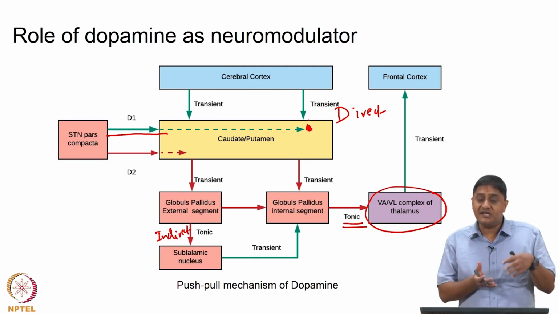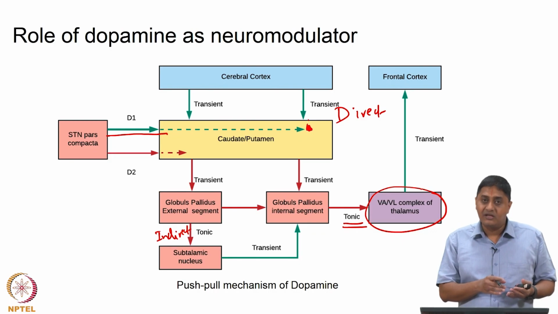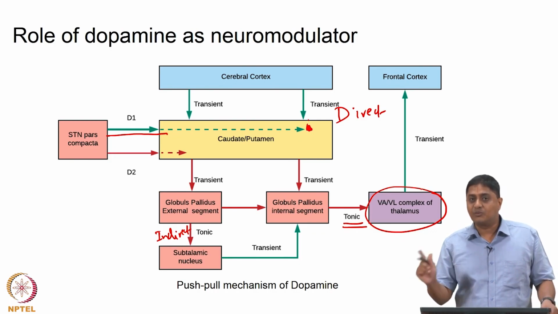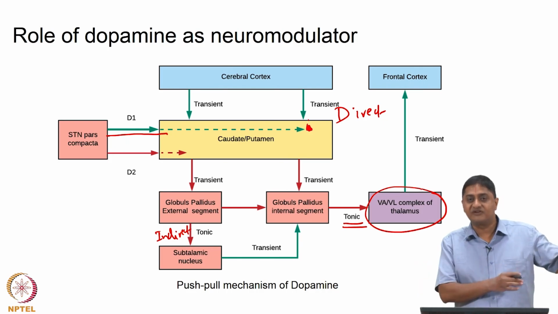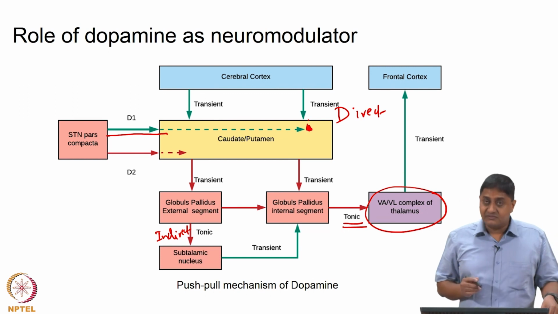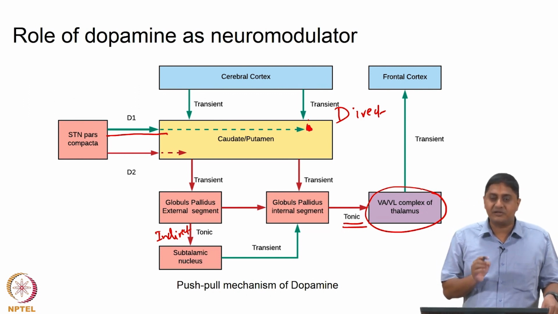So, whenever dopamine is secreted, regardless of whether it is received by the direct pathway or by the indirect pathway, it always has a net excitatory influence on the thalamocortical neurons. This is what we have been seeing for the past few classes. I am repeating just so you remember and realize that this is indeed a very important principle.